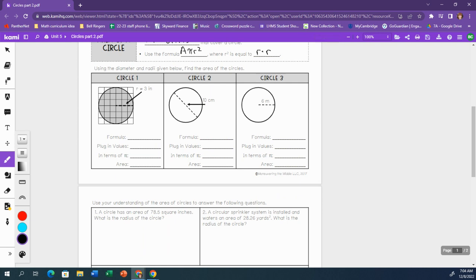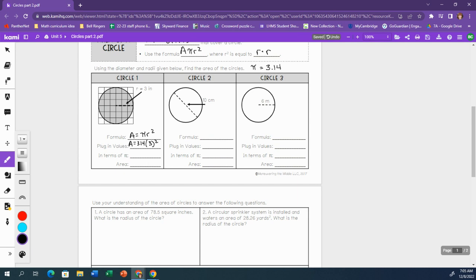So the formula, remember, is A equals pi r squared. So let's plug in the values. And we're going to use pi is going to be 3.14. Okay, so let's plug in the values. Area equals 3.14 times 3 squared.